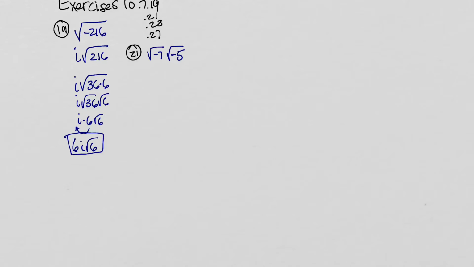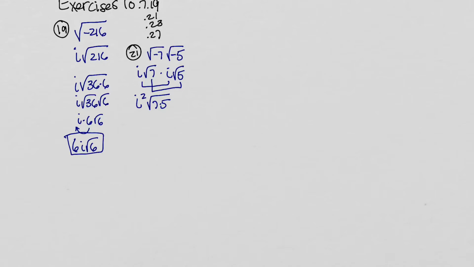To make this multiplication here in number 21, the first thing we're going to do is take the i's out of here. We're going to write this as i square root of 7 times i square root of 5. i times i will give us the i squared. And now we can do this one here, square root of 5, square root of 7.